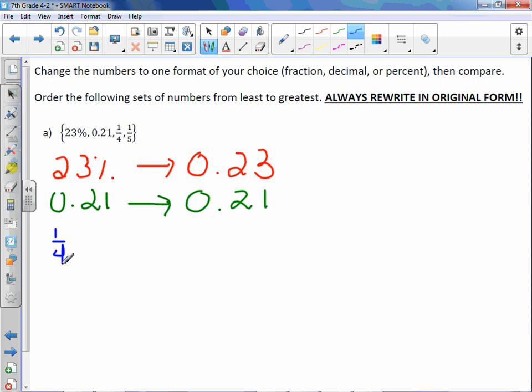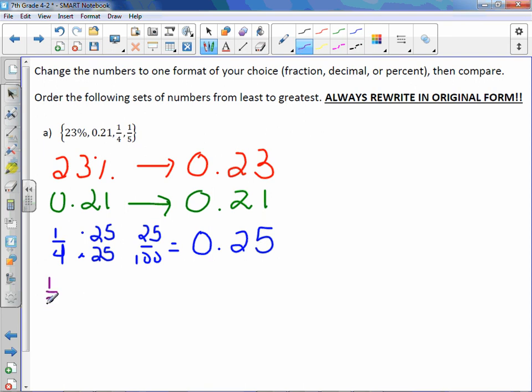We have 1/4, which I can make to a power of 10. I can multiply numerator and denominator by 25 and get 25 hundredths, which equals 0.25.